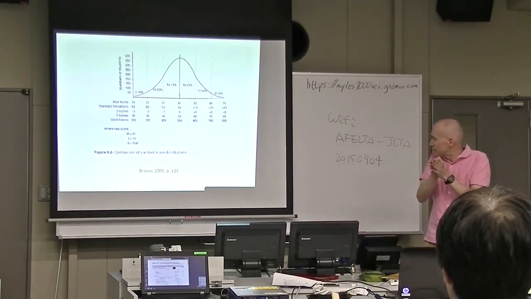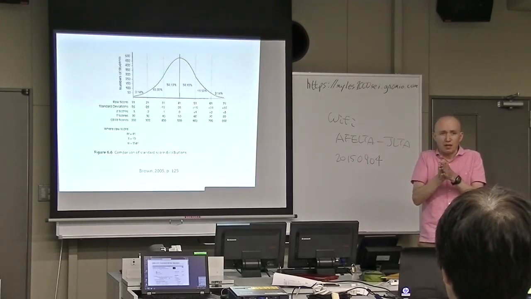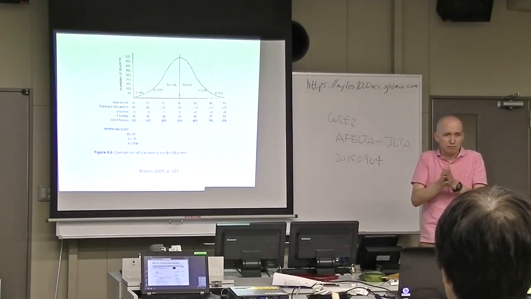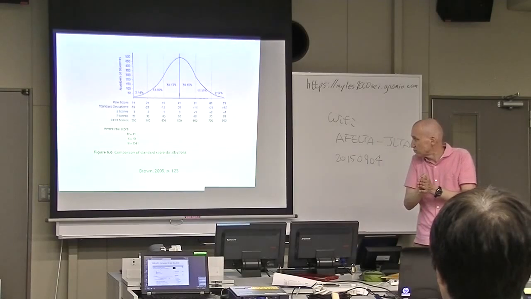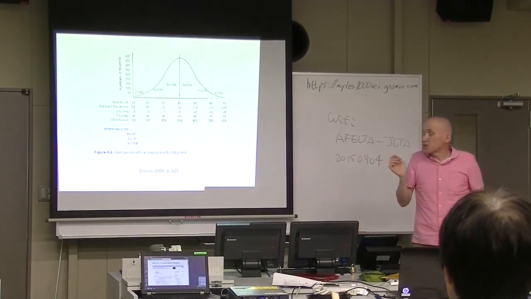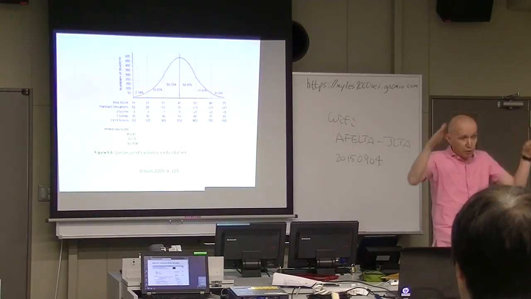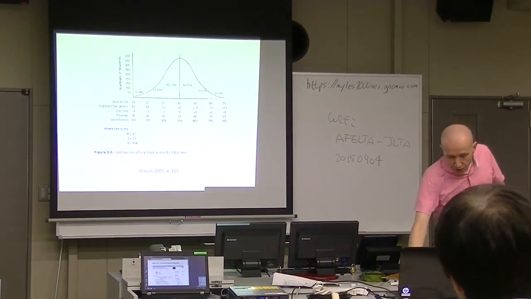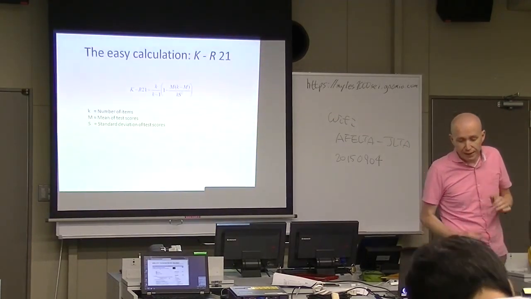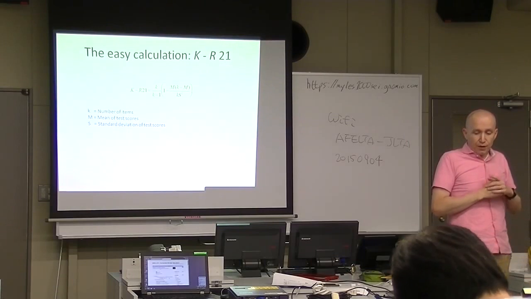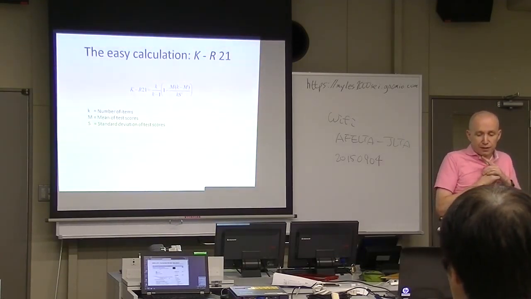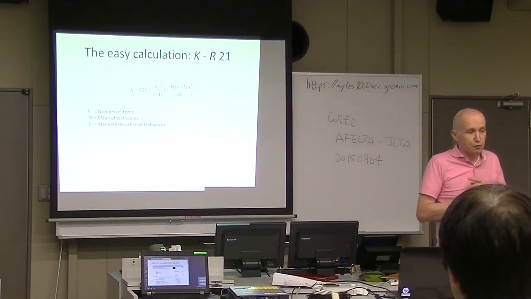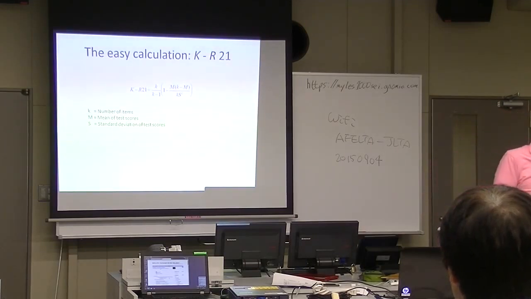It's got a midpoint of 500, and it's used for college entrance tests. So we can use the features of the normal distribution to get some good data. Now, the first calculation of reliability is probably the KR21.